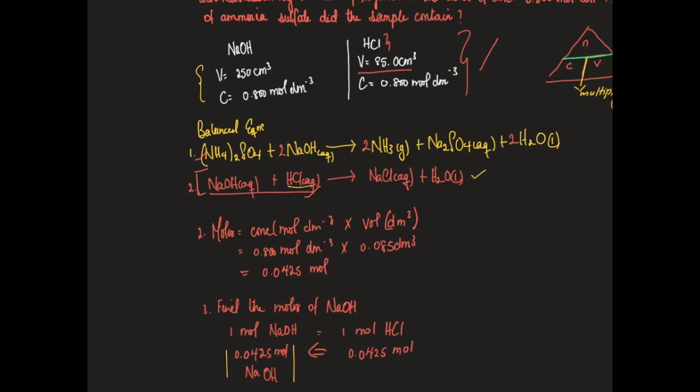So the first thing we're going to do is use this information to calculate the moles of the original sample. Moles is equal to concentration, which is 0.800 mole per cubic decimeter, and we're going to quickly change the volume to cubic decimeters, which will be 0.25. We get 0.200 mole.